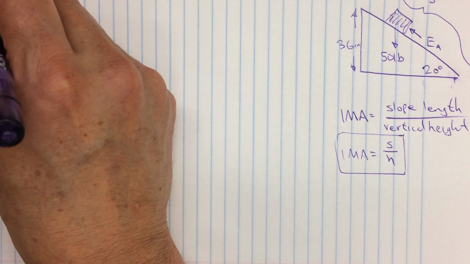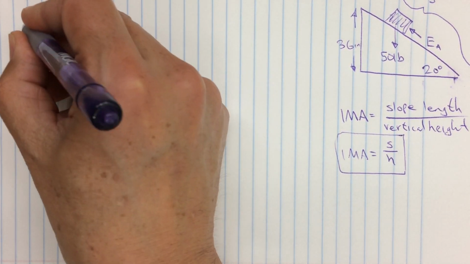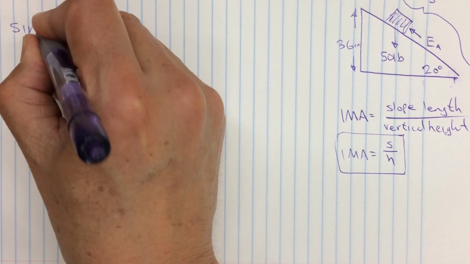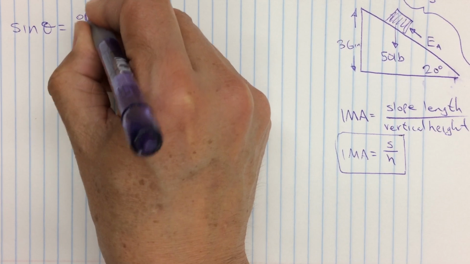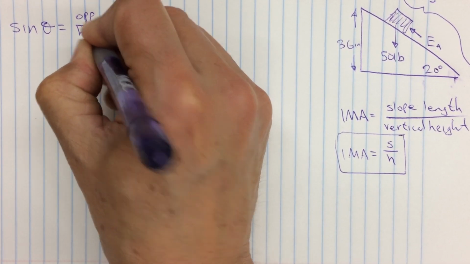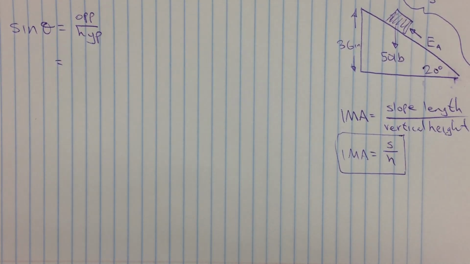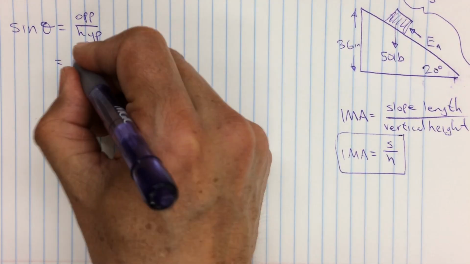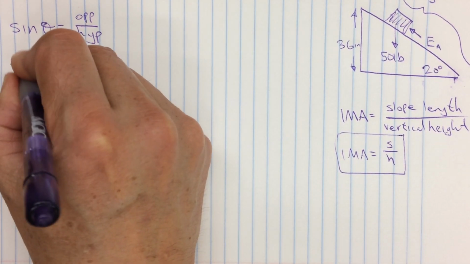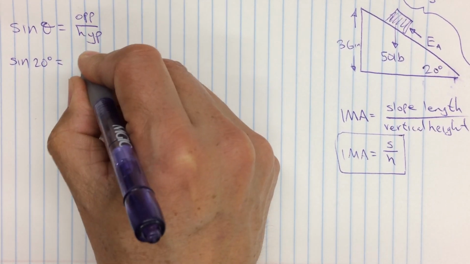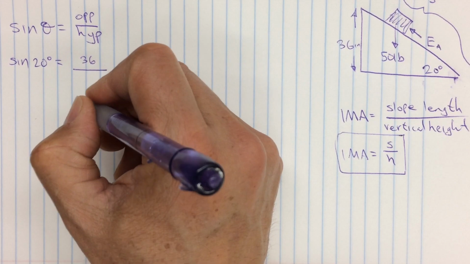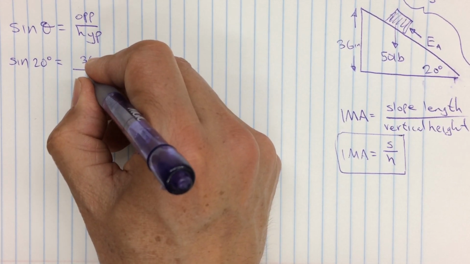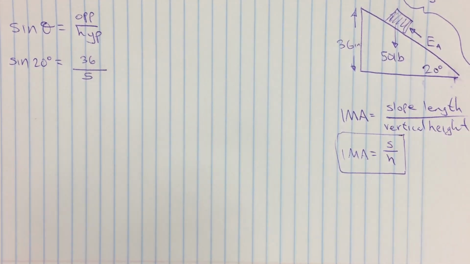So if I go on this side of my paper, sine of theta is equal to opposite over hypotenuse, which in this case is going to be sine of 20 is 36 over whatever that is. And that's going to be our S, right?